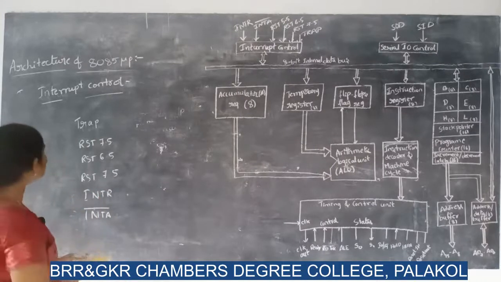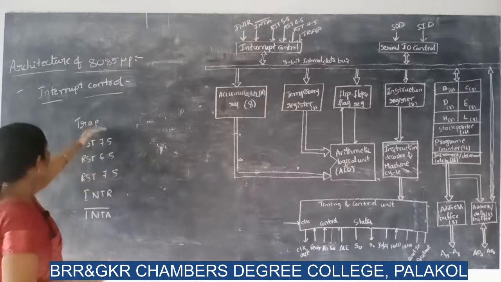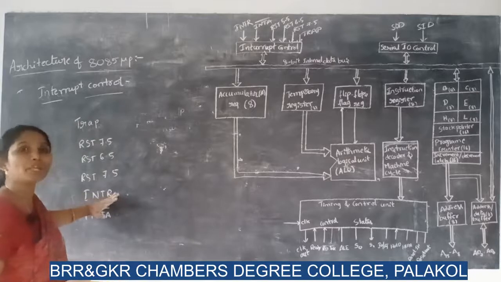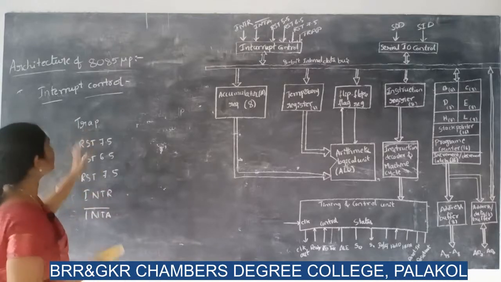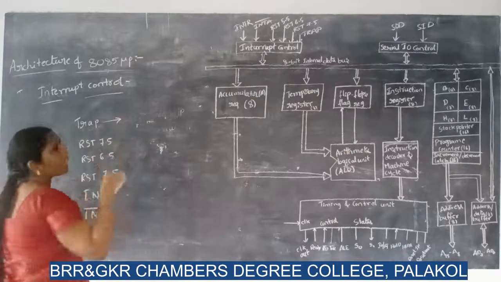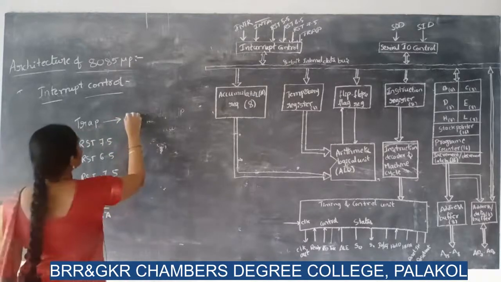Okay, so these are the interrupts of the microprocessor. Here TRAP is a non-maskable interrupt and it is the highest priority interrupt.